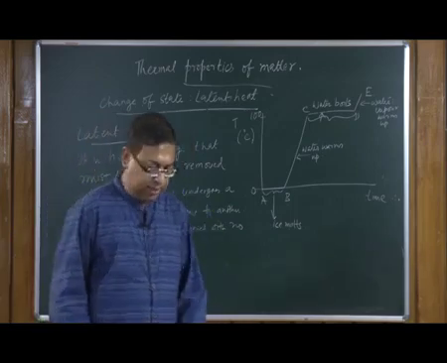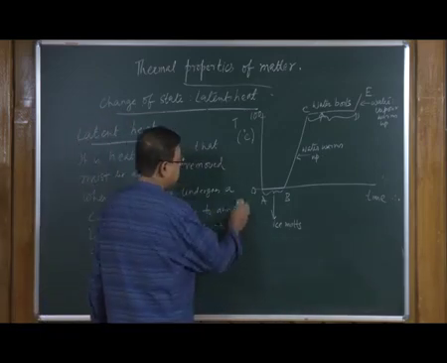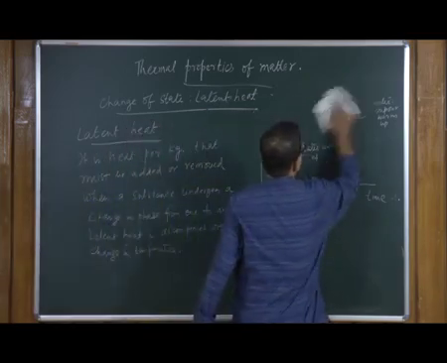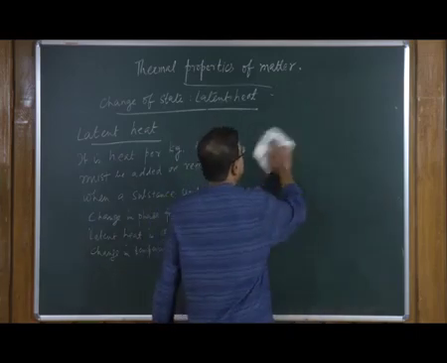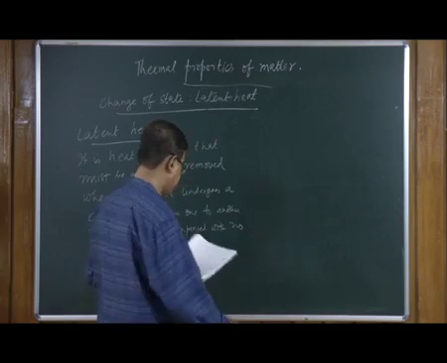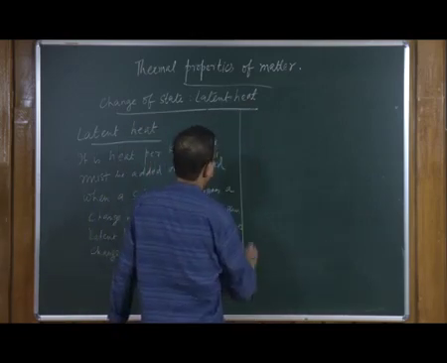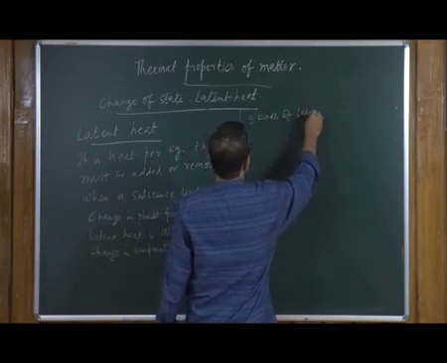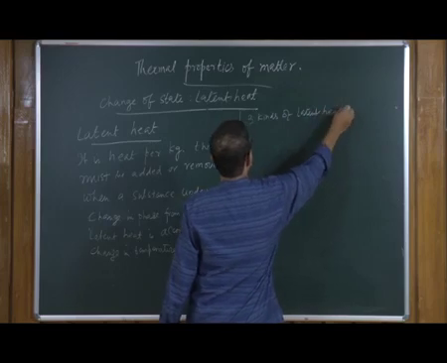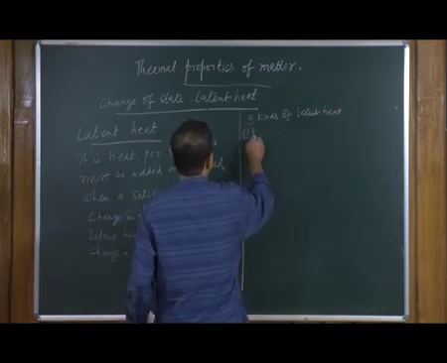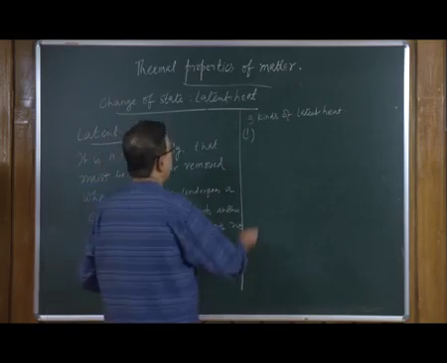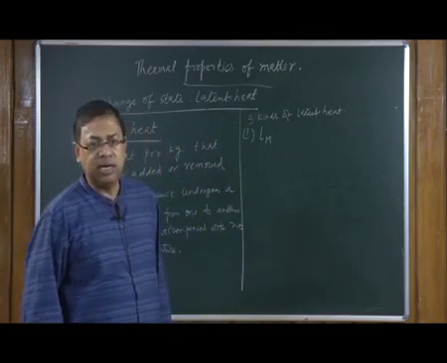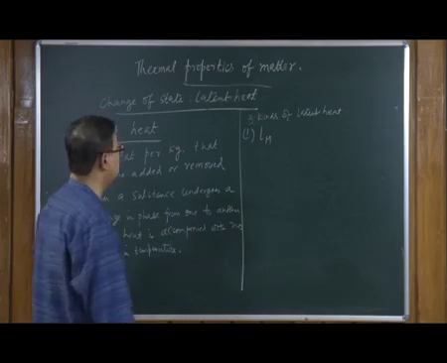One is called the latent heat of melting. So, we will talk about three kinds of latent heat. For that, let us remove this part for now. So, the three kinds of latent heat. One, we will call it Lm, which is latent heat of melting, but as I said, it is also called latent heat of fusion.